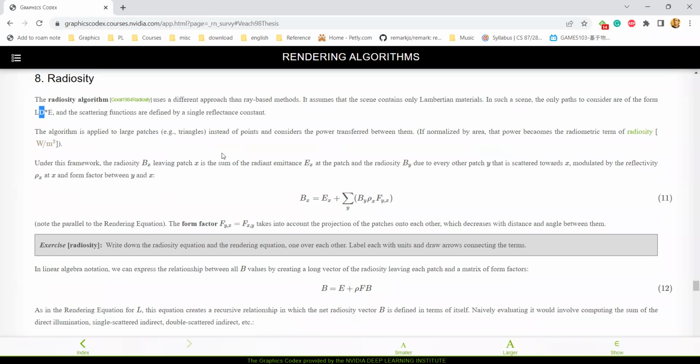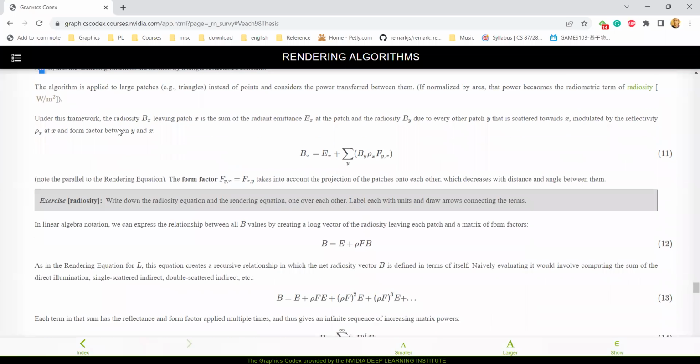Then the scattering functions are defined by a single reflectance constant. The algorithm is applied to large patches, e.g. triangles instead of points, and considers the power transferred between them, and calculates a closed form solution.